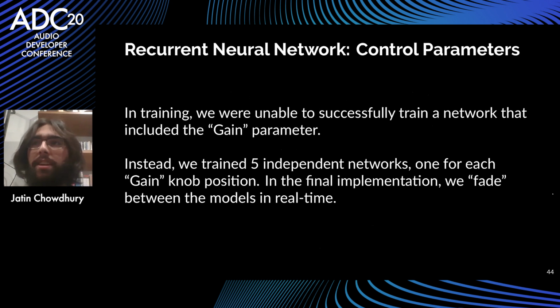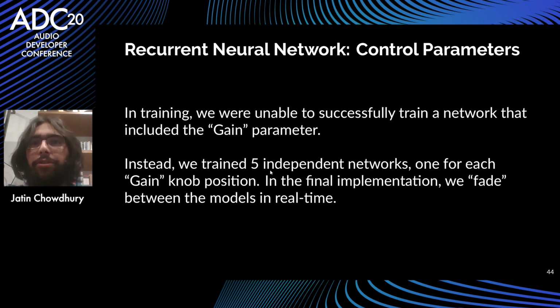So I think this process of training to include parameters needs a bit more research done, and a more robust process for training a circuit parameter into these networks needs to be figured out. But it's a workaround, since I didn't want this to be a stumbling block for me.